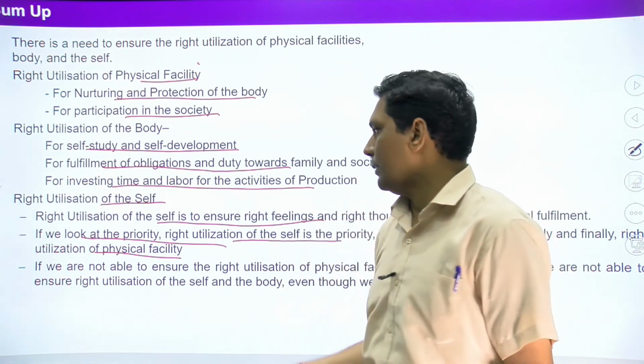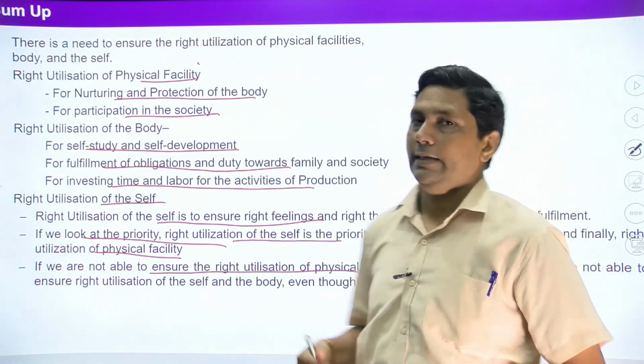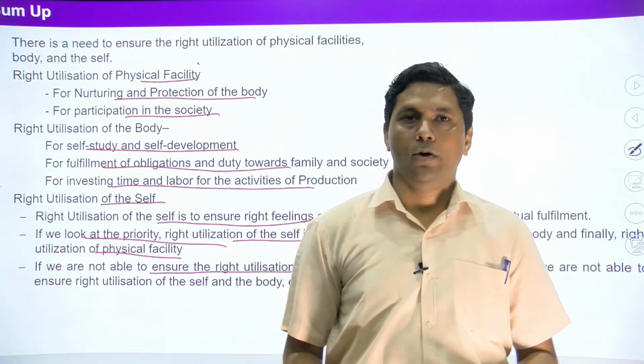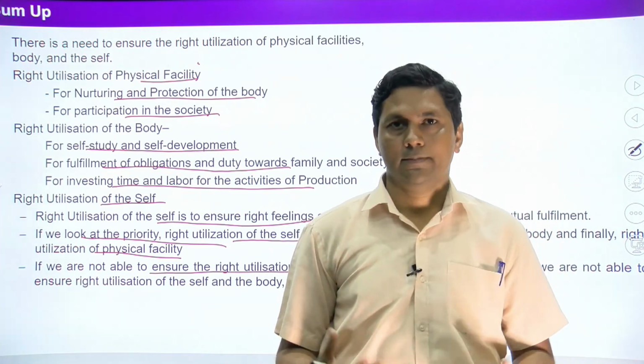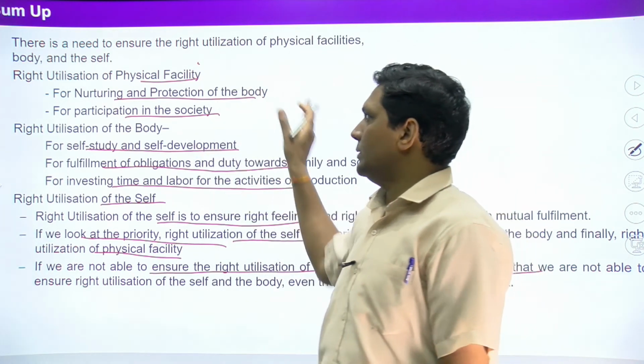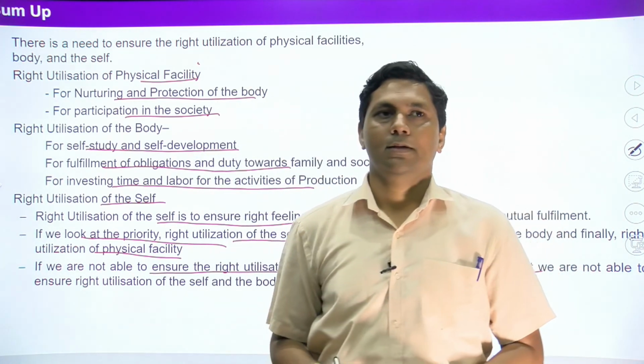If we are not able to ensure the right utilization of physical facility, then it is an indicator that a person is not able to right utilize his or her self and body also. So this is all about the lecture where we talked about right utilization.